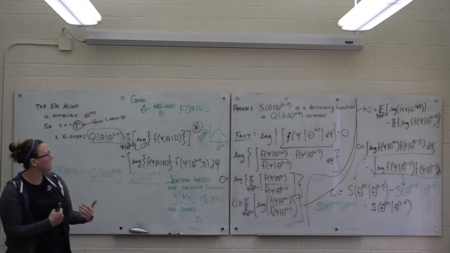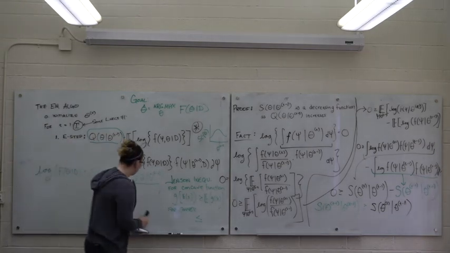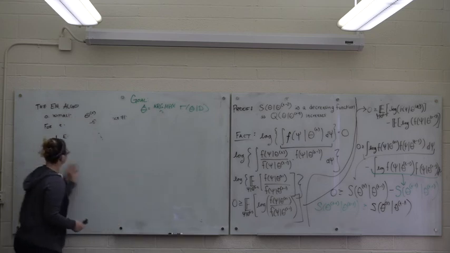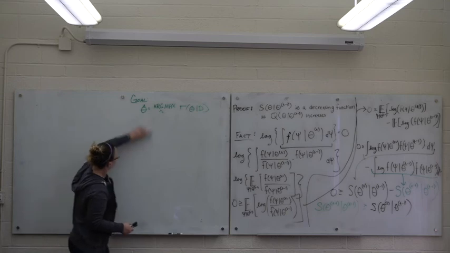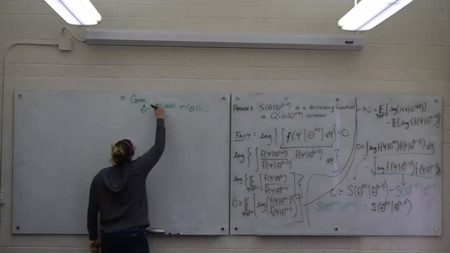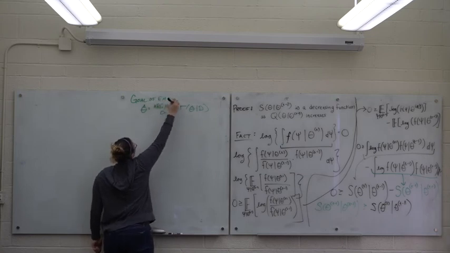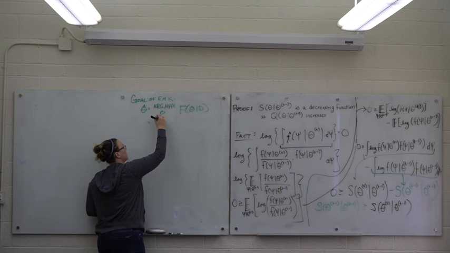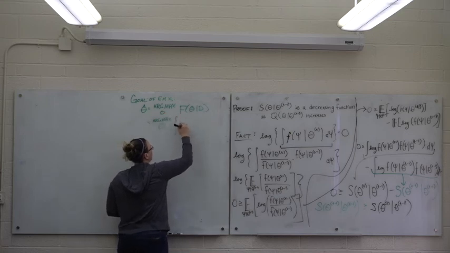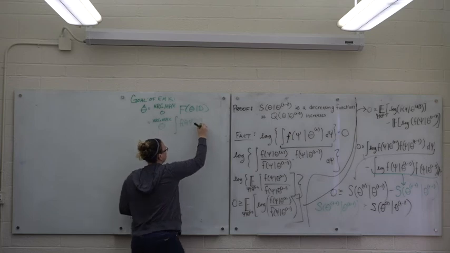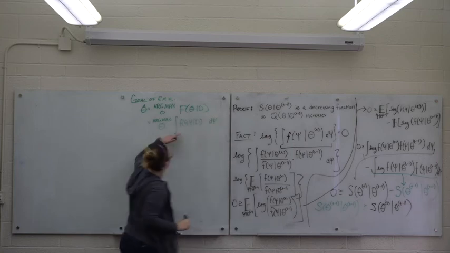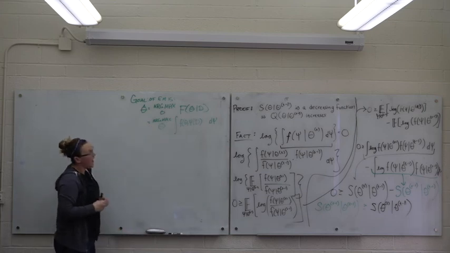I know I've said a lot and it's been a little messy, but we're going to take it one step real quick and try to recap everything. The goal of EM is to find this. What is this representing again? Marginalizing over psi and then taking expectation. How is EM actually doing that?